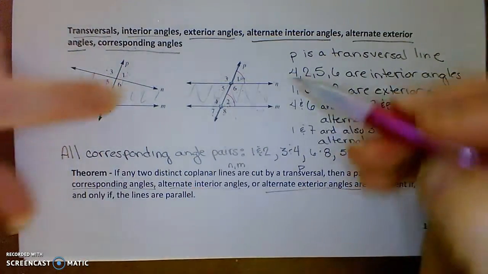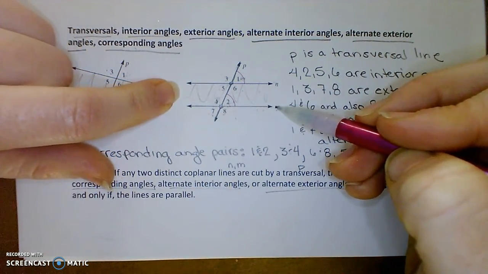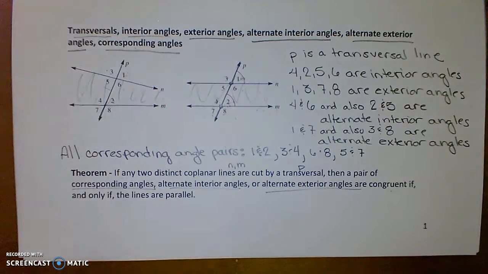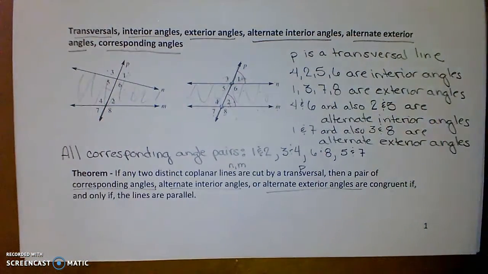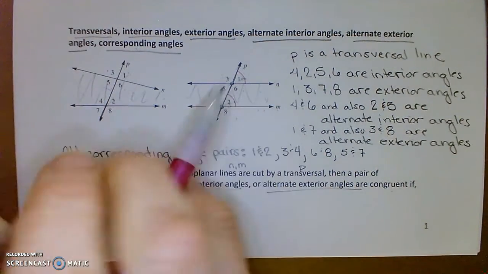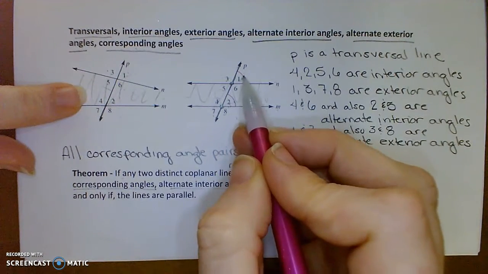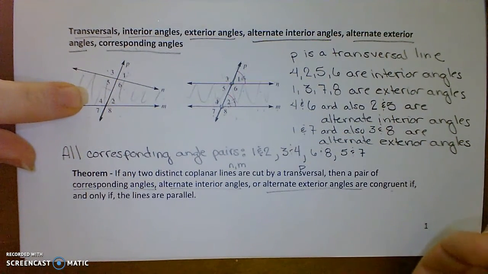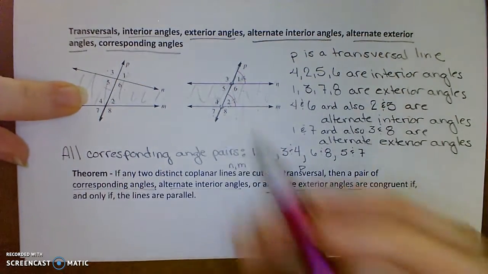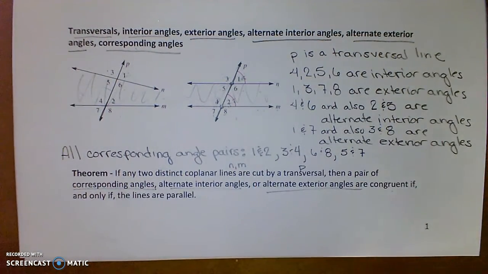Okay, so that says if the lines are parallel, then you can always assume that all the corresponding angles, all the alternate interior, alternate exterior angles will all be congruent. On the other hand, if you find a picture like this and it turns out that one pair of corresponding angles is congruent, then you automatically have that the lines are parallel, and then you get all the other congruences for free.